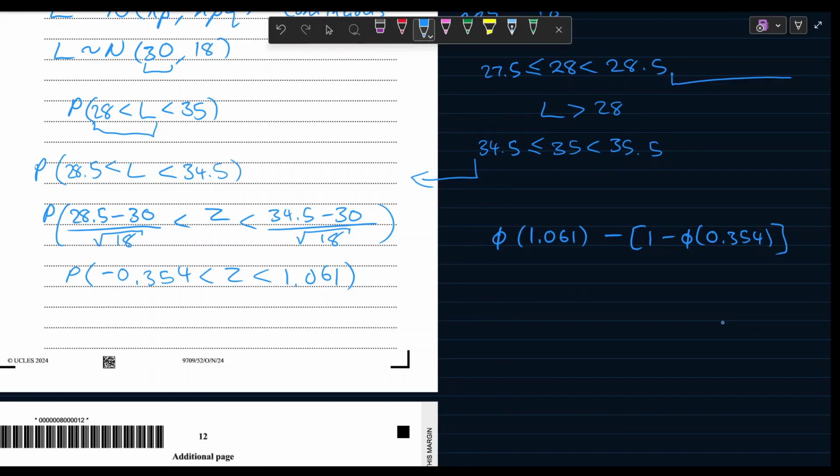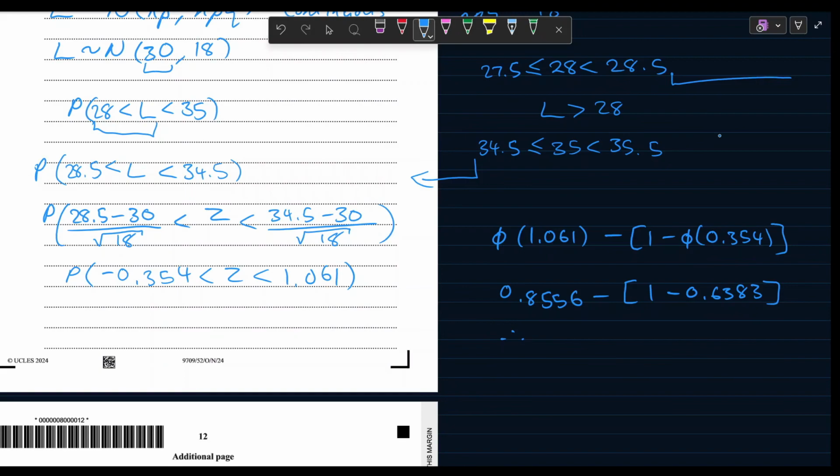Okay. So let's read off the values of phi of 1.061 and phi of 0.354 from our normal distribution tables. So this becomes 0.8556 minus 1 minus 0.6383. Okay, let's punch this into the calculator.